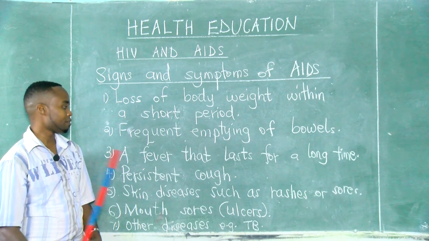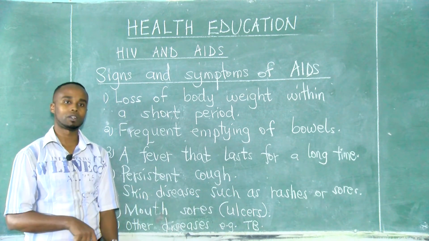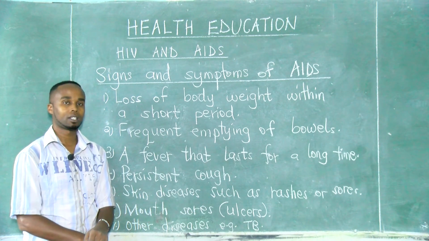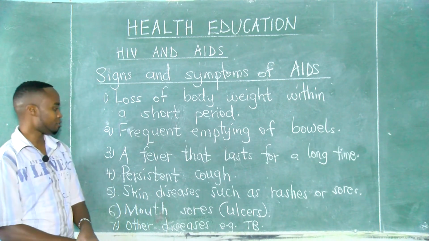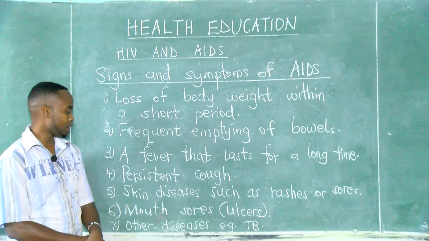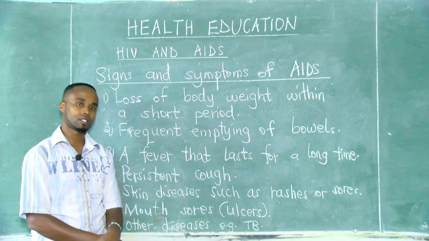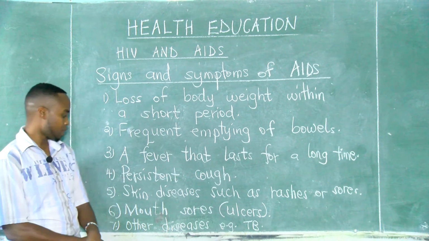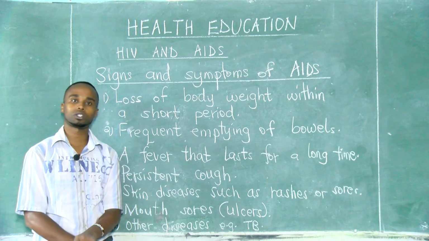Then another one is a fever that lasts for a long period of time. Yes, that is high temperature. Then we have persistent cough. Another one, we have said skin diseases such as rashes and sores. Then we have mouth sores.